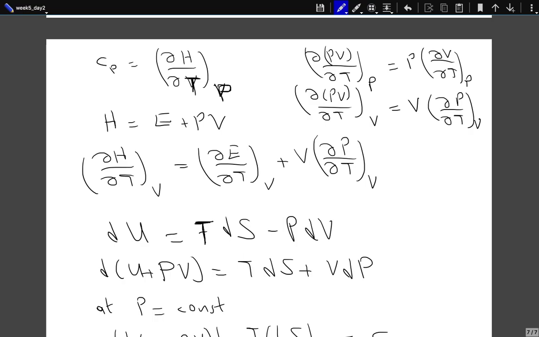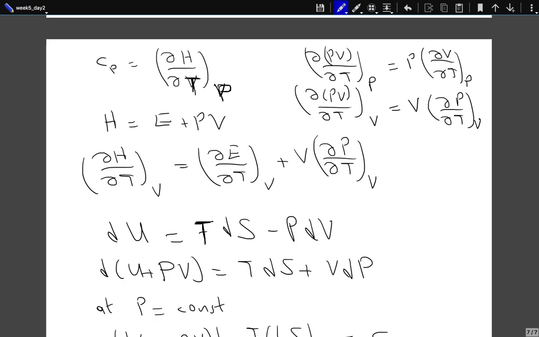PV is a state function, yes, PV is a function of T. But keep in mind that for the ideal gas, PV is already NkT, so the derivative should be Nk, not necessarily for everything.